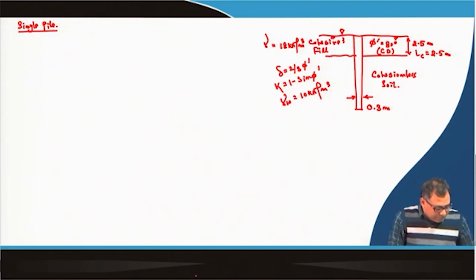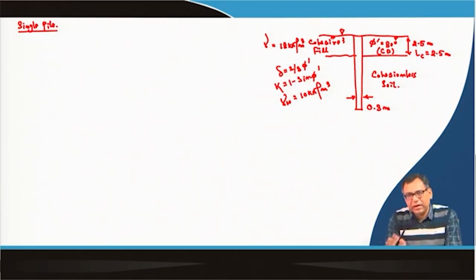Here the water table is at the ground surface, so we can use the linear distribution. If the water table were at some depth below the ground surface, we could not use the linear distribution; that would be a bilinear distribution.